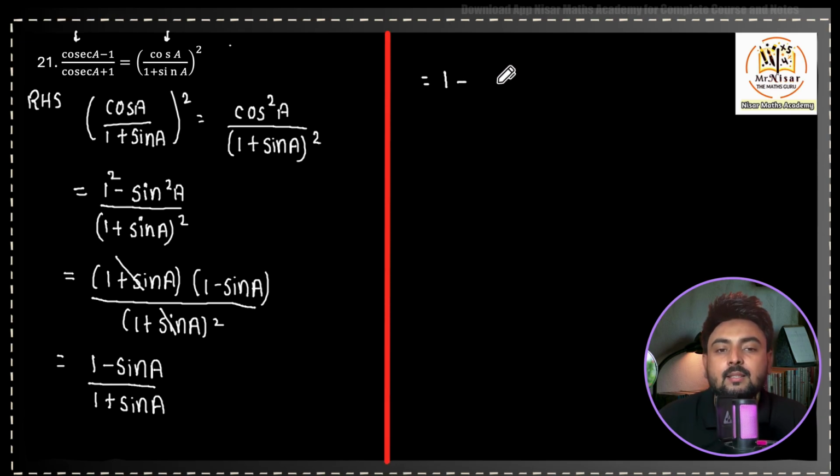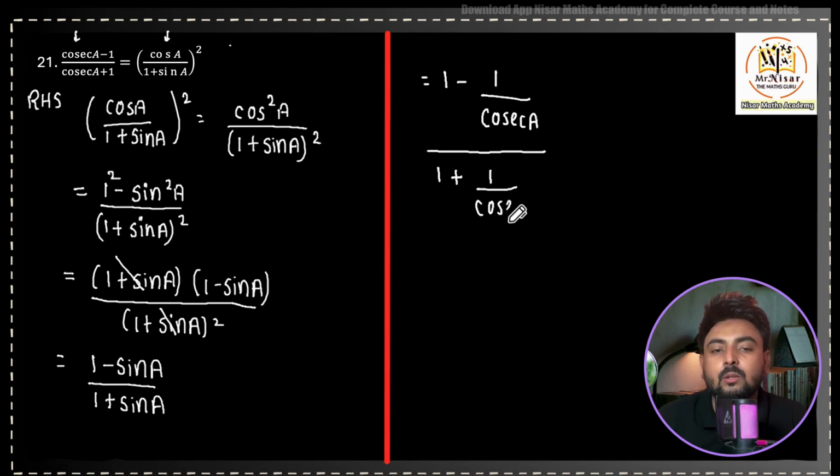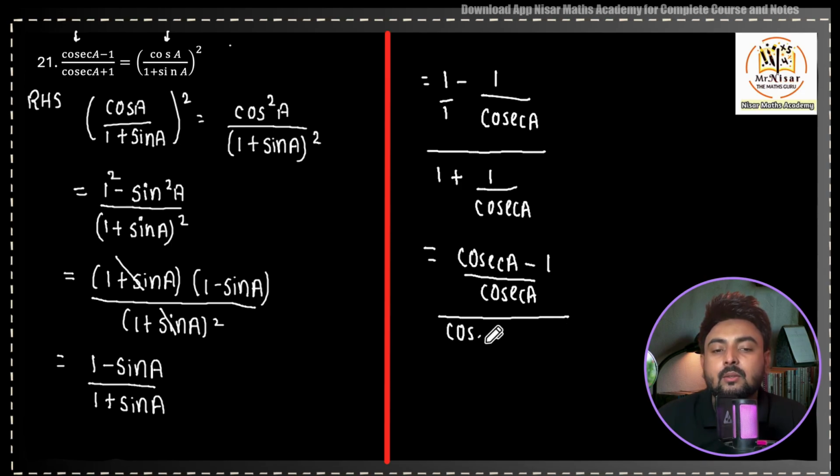1 minus, sin is the reciprocal of cosec, so 1 minus 1 by cosec A upon 1 plus, sin is the reciprocal of cosec, 1 plus 1 by cosec A. Then what you will do, again here cross multiplication, so it will be (1 into cosec A minus 1) upon cosec A. Whenever the denominators are not same and we have unlike fractions, during addition and subtraction we do cross multiplication. (1 into cosec A plus 1) upon cosec A. Is it, children?